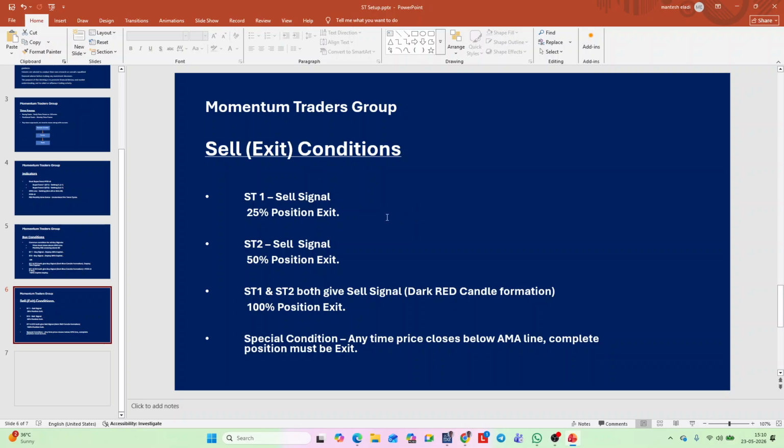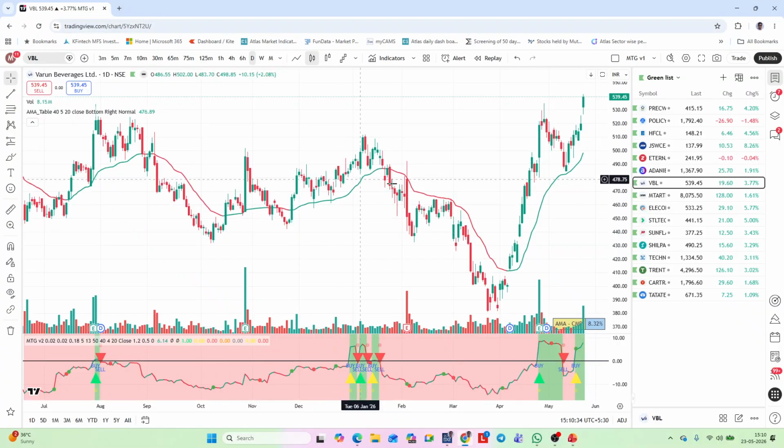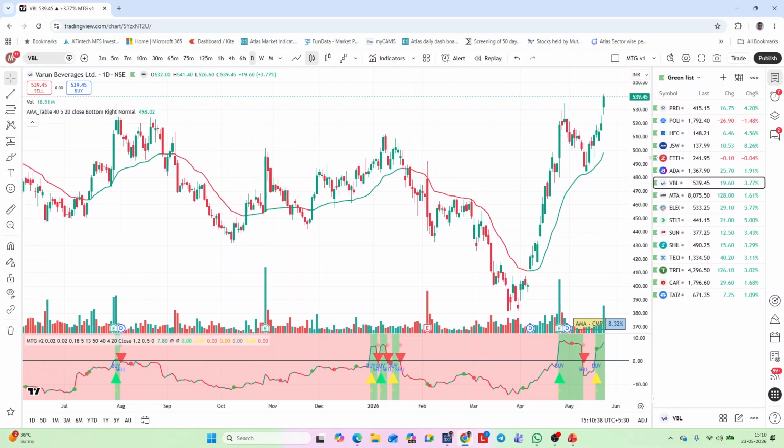So let's quickly see how this looks on a chart and how we can implement this strategy. First, let's add the AMA line.